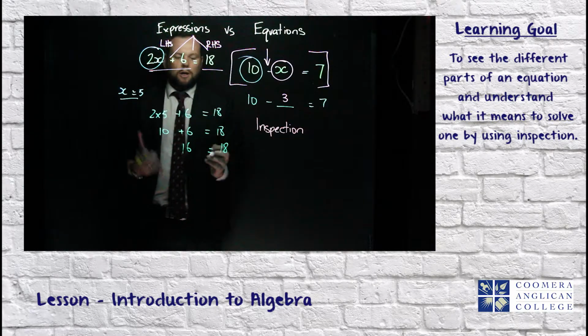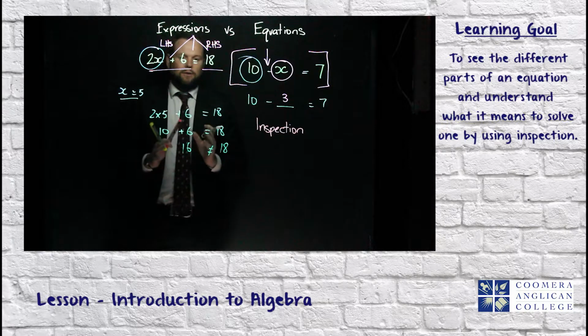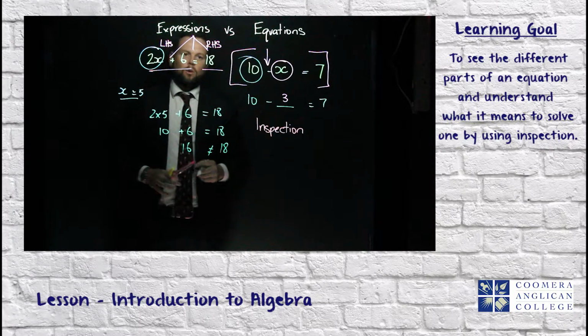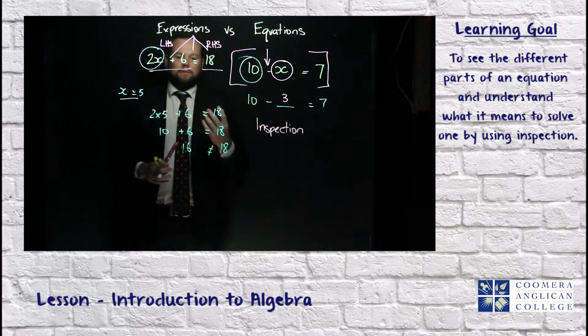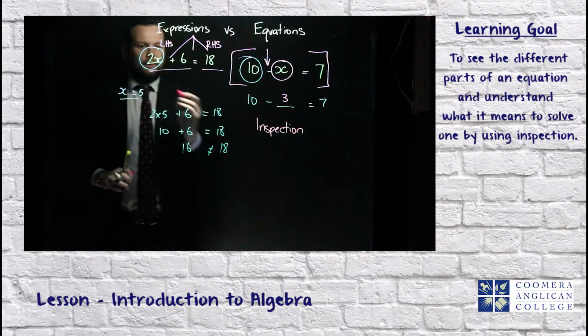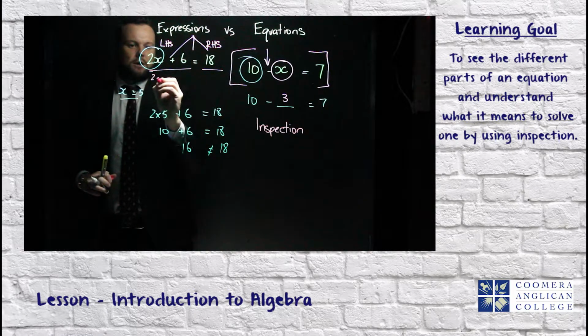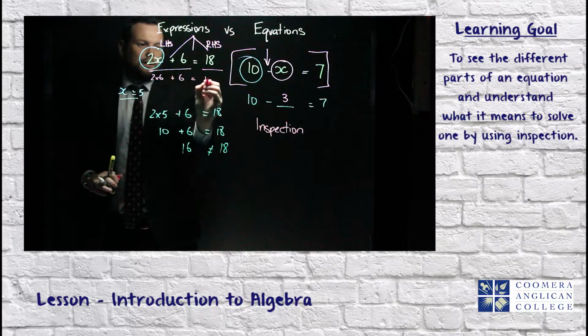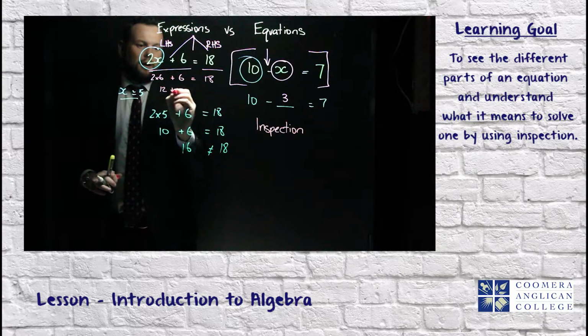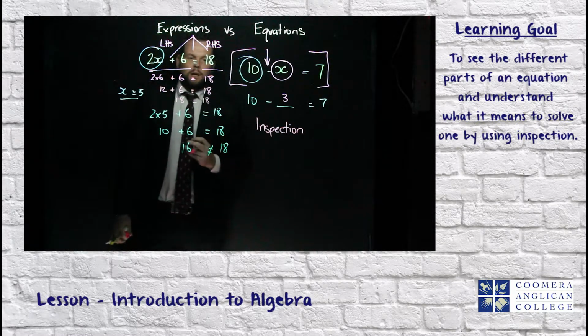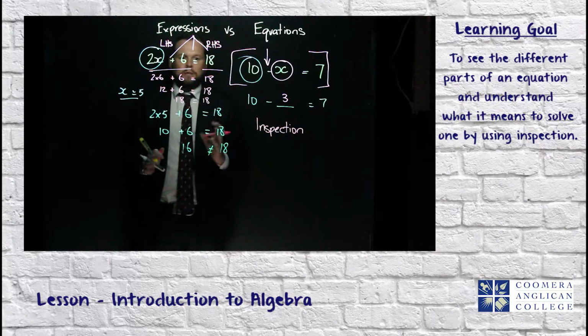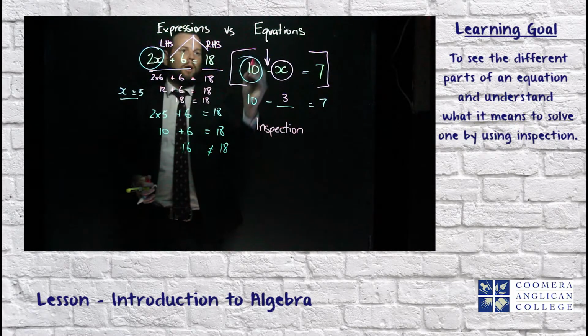Obviously that's not true, so that means this equation is false. 16 is not equal to 18. To have a balanced equation, x is going to have to equal 6. So if x was to equal 6, I'd have 2 times 6 plus 6 equals 18, and obviously 18 is equal to 18. So here are some of the first little points that we're going to talk about when we talk about equations.